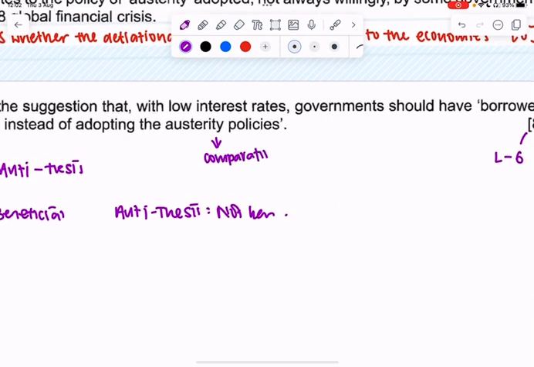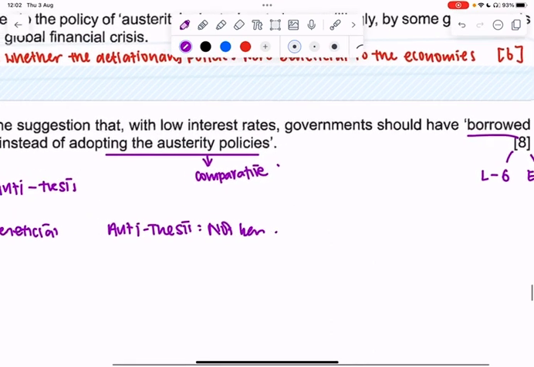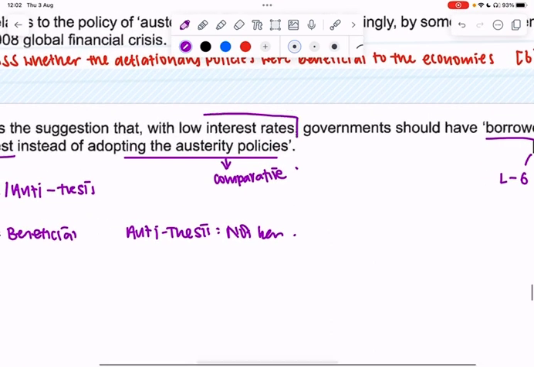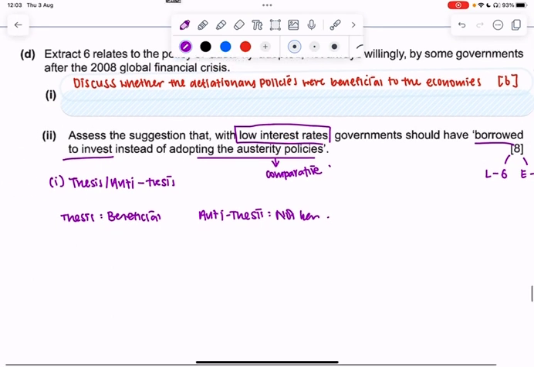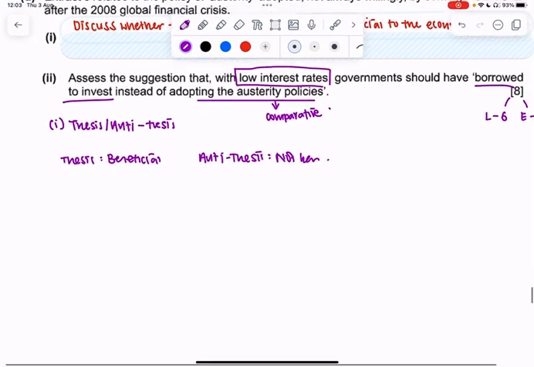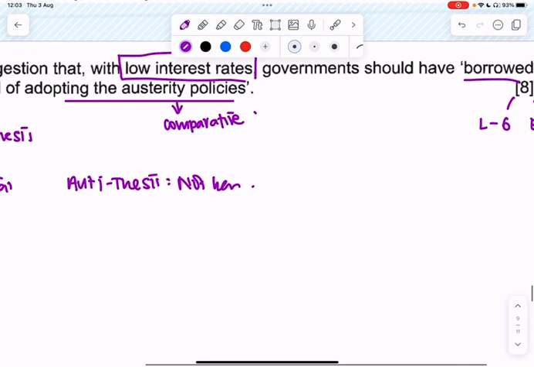When I say comparative, they're telling me that I should have done this instead of this. And what condition did they give us? Given that there were low interest rates, the government should have chosen to invest instead of adopting the austerity policies. So similarly, for part 2, we will have a thesis antithesis approach as well.